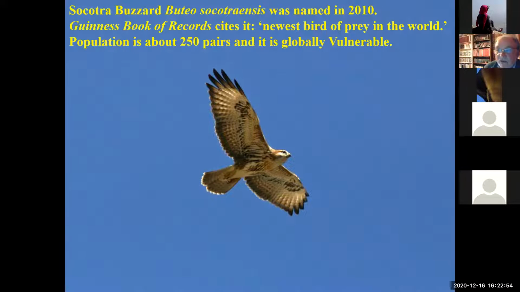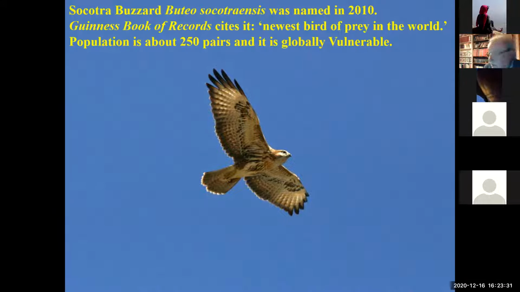Let's start to do some serious work on it, looking at the morphology, vocalizations, breeding seasons, measurements, habits, and also, of course, looking into its DNA. And as a result of this, I, together with a colleague, wrote a paper naming this as the Socotra buzzard, Buteo socotraensis. And it was named in 2010.